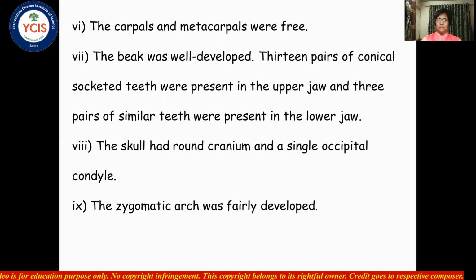The zygomatic arch, a bone extending from the side of the skull, was fairly developed.